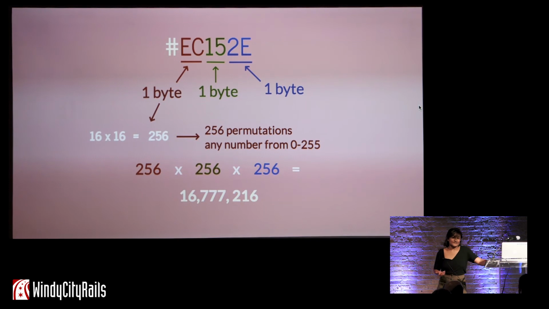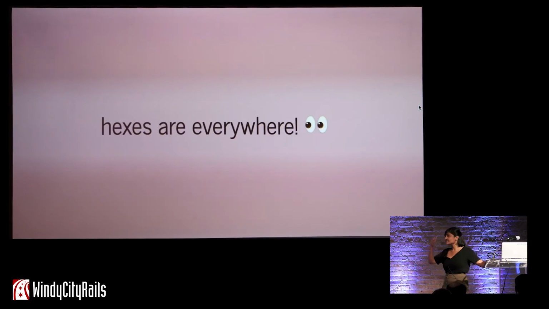But I'm also a color nerd, so maybe I'm the only one who thinks it's rad. The thing is, though, that hexes are everywhere. So even if you don't write CSS or have no desire to, you're interacting with hex codes or hexadecimals all the time. You just might not always realize it.